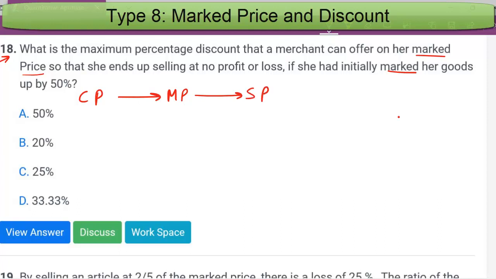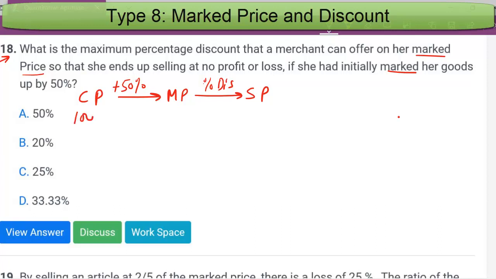So the question is, what is the maximum percentage discount here? Here you have the percentage discount that a merchant can offer, so that if this markup is initially 50%, right? If this is 50%, then what maximum discount is given so that this cost price is equal to this selling price? So here also what I can do is start with cost price as 100.